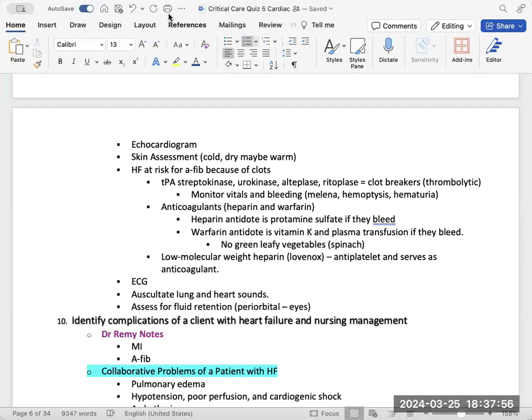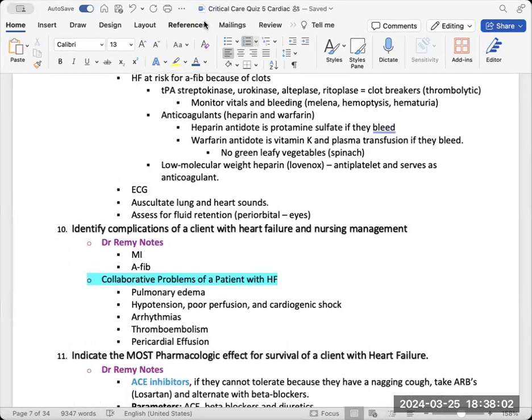We can give them anticoagulants if they have AFib to prevent further clots from being made in the body. It won't be a clot buster like the TPAs that break down the clot, but these will help prevent new clots.